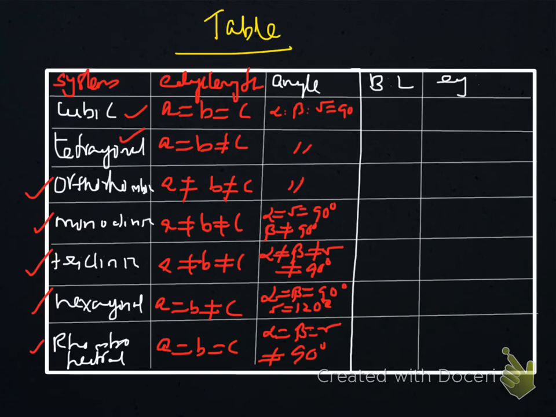Now BL does not mean bond length, it is Bravais lattice. What is Bravais lattice?